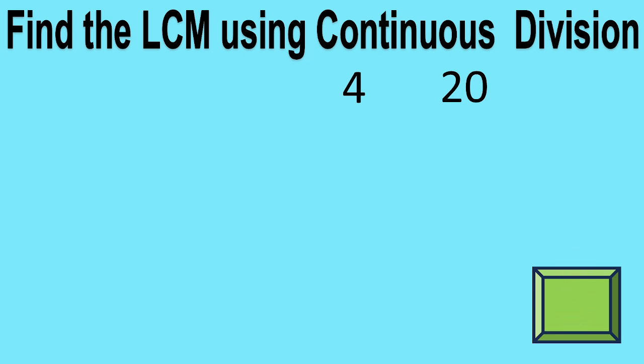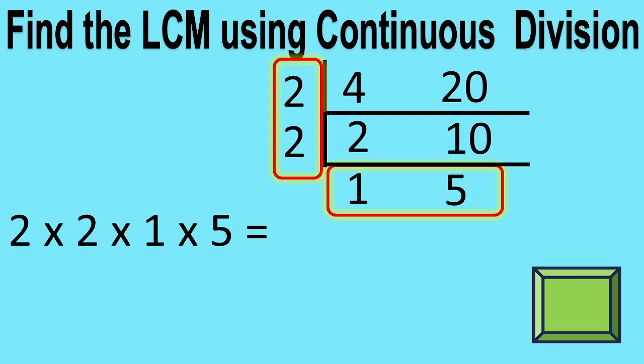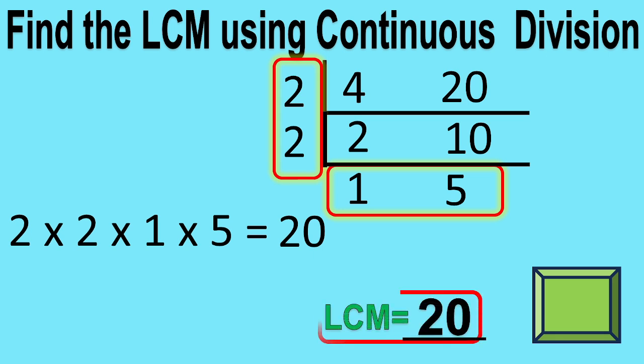Time's up. The answer is... So, 2 times 2 times 1 times 5 equals 20. So, the LCM is 20.